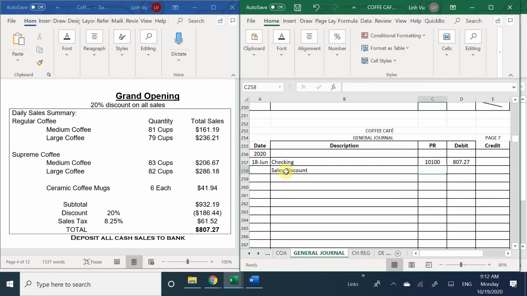What's the account number for sales discount? 46,000. At what total? 186.44. Okay. What is next? Sales tax.